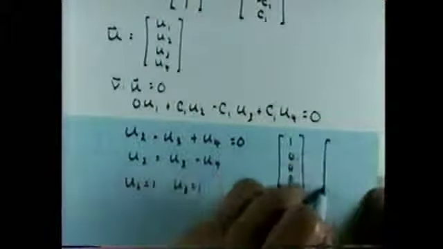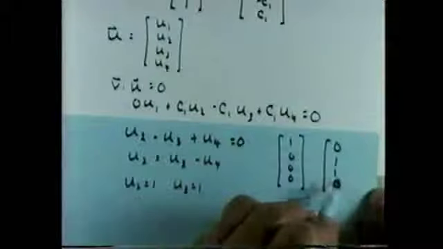And since U1 could be anything, I'll let it be 0 this time, so I get another solution, which would be 0, and U2 is 1, U3 is 1, and U4 would be 0, and this makes it true. 1 minus 1 plus 0 is 0.